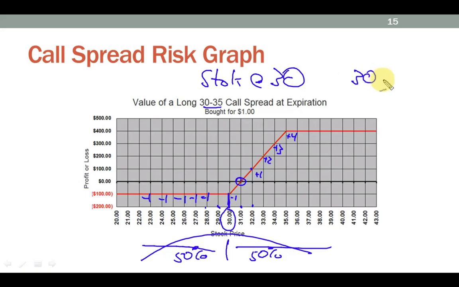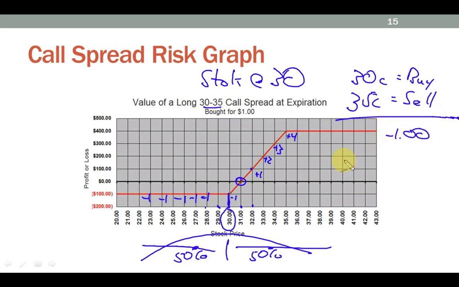Here are the 30 calls, the ones we're buying, and the 35 calls are the ones we're selling. The individual prices don't matter; what matters is what the net spread is trading for, and the net spread is trading for $1.